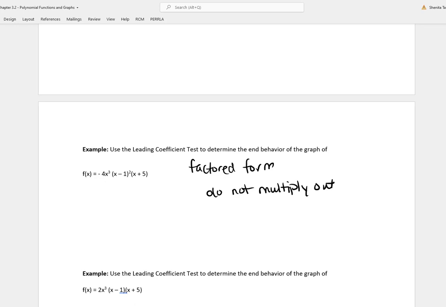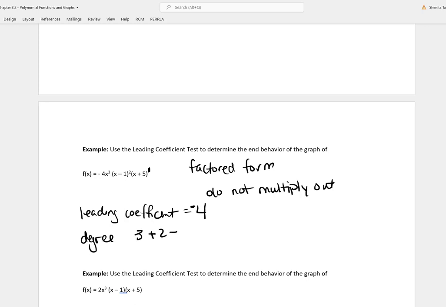So in this case, the leading coefficient is 4. Sorry, negative 4. The leading coefficient is negative 4. And to figure out the highest degree or the highest exponent, you're going to add the exponents that you see. Now, on this x plus 5, there's a 1 here, you just don't see it. So you need to put that 1 there.